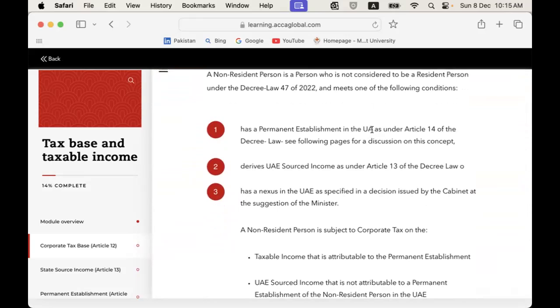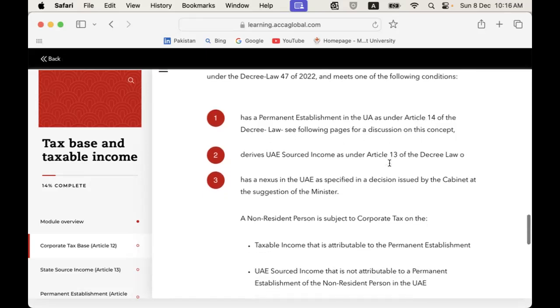Although it is a non-resident person, it's maybe a foreign company, they have a branch in UAE, for example, or sometimes they might not even have a branch in UAE, but they have a fixed place of business in UAE. Even then, it will be taxed under Article 14. Article 14 of the mother law, the decree law, talks about permanent establishments.